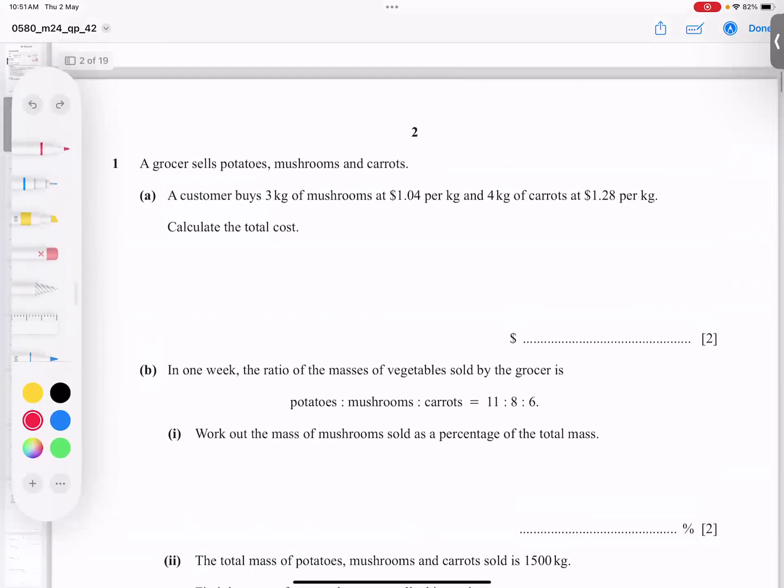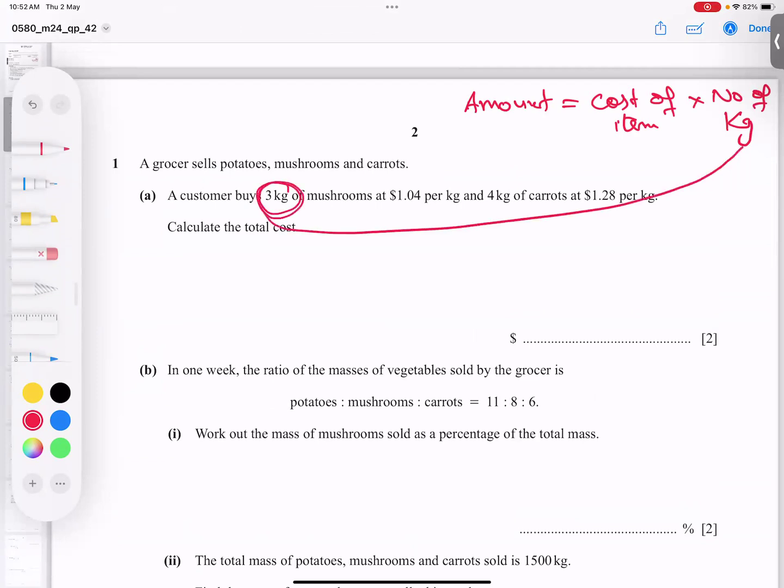We have a formula for it: the amount needed to buy something is equal to the cost of the item multiplied by the number of items or number of kgs, same thing. For example, 3 kilograms is the number of kgs and the cost is 1.04.